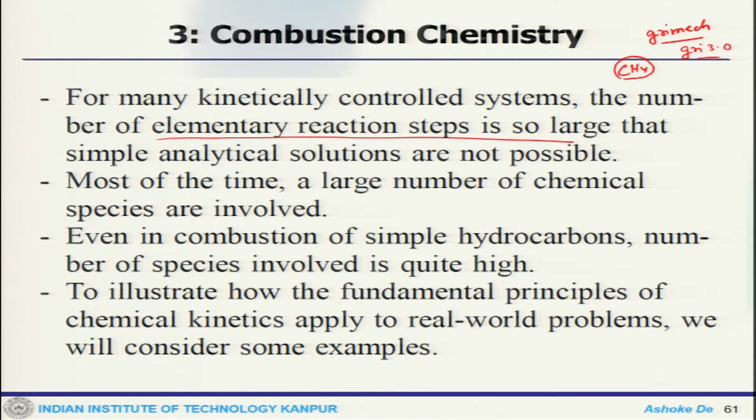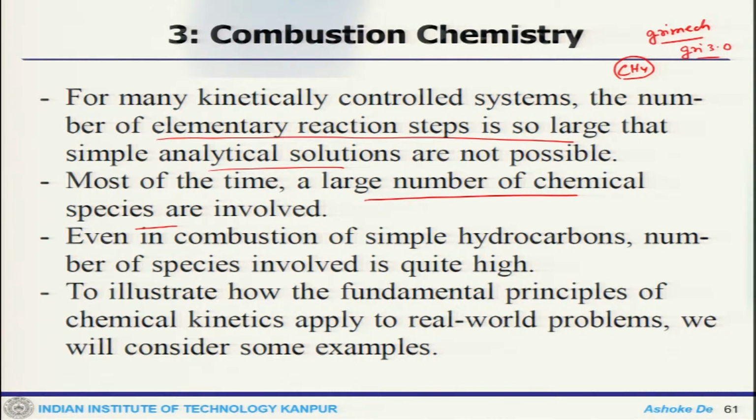So, it becomes quite a large number of steps where an analytical solution for the chemical time scale is not possible. On top of that, not only the elementary steps, you also have a large number of chemical species involved. So, on one hand you have a large number of reaction steps, and then you have a large number of species.